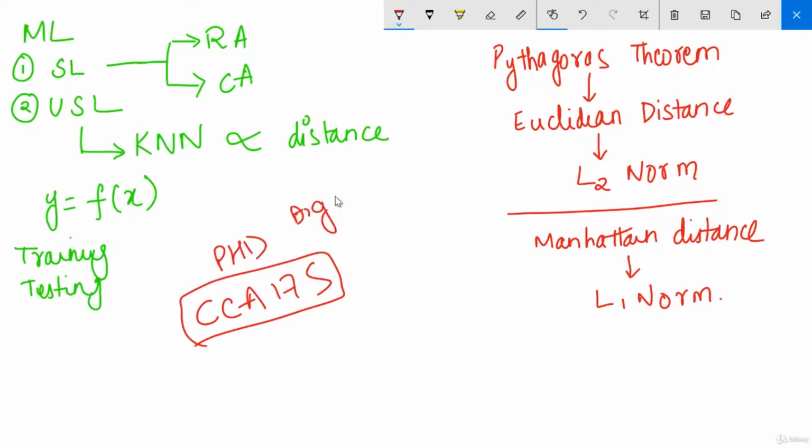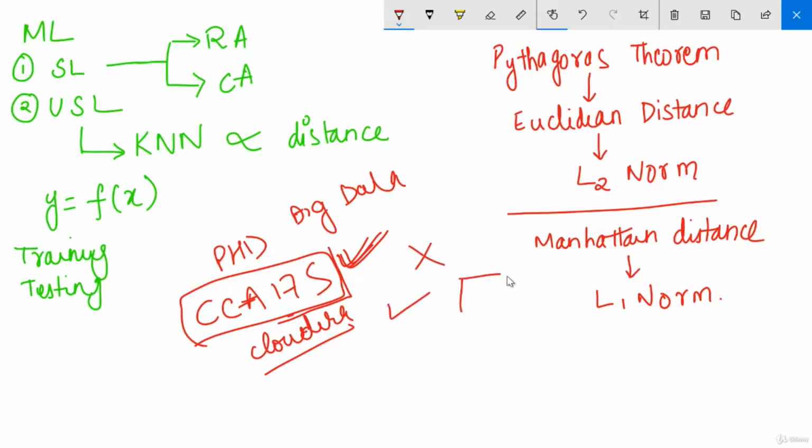It is a Cloudera certification, and if you write in your resume that you are CCA 175 certified, companies will not even take your technical interview. They'll just take a personal round about what you have done so far and hire you. This exam is very difficult to crack, but if you remember my analogies, that's what I'm trying to say.